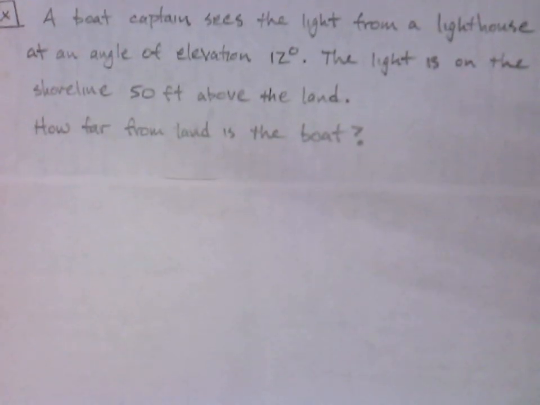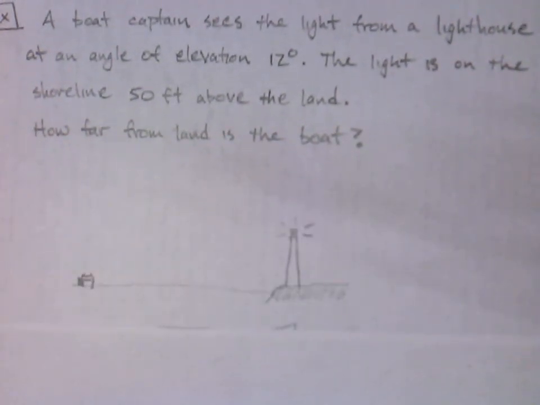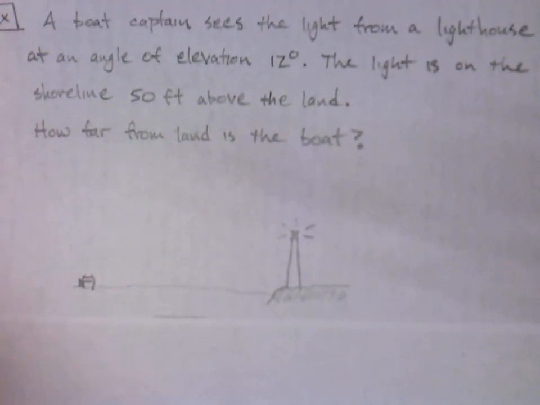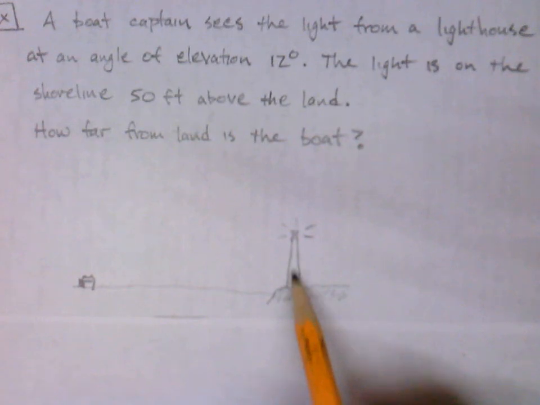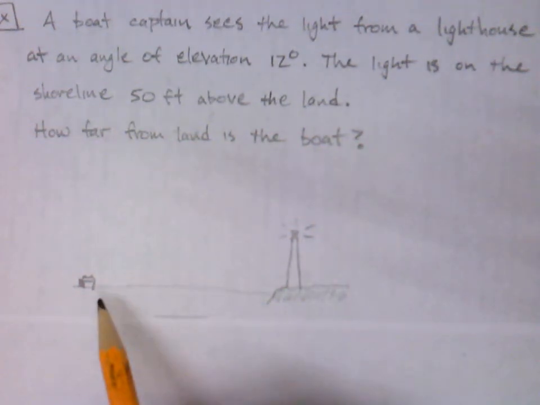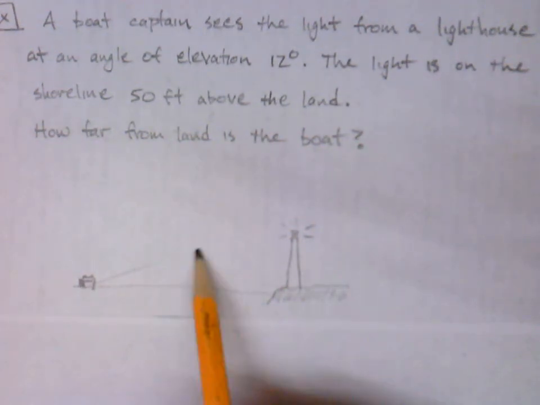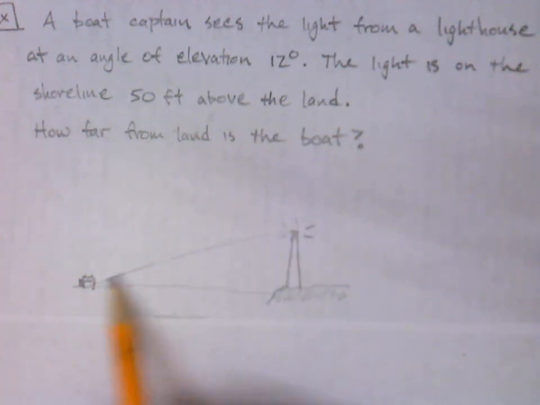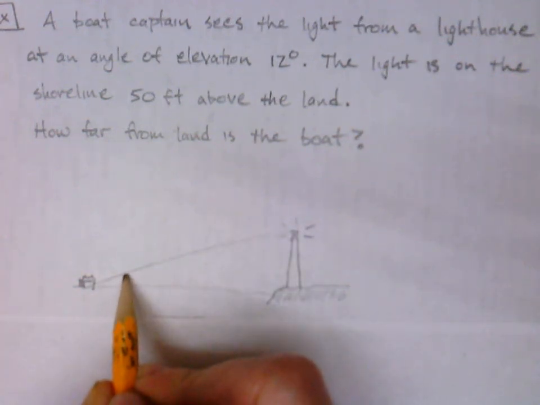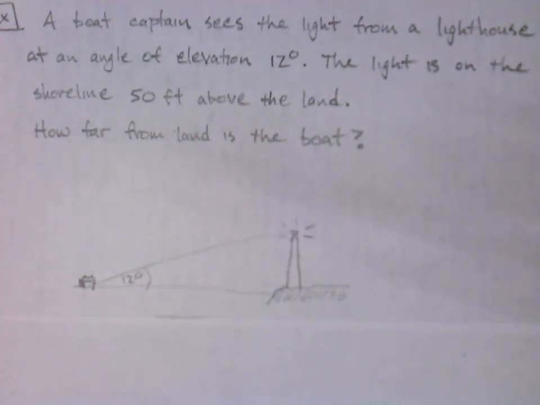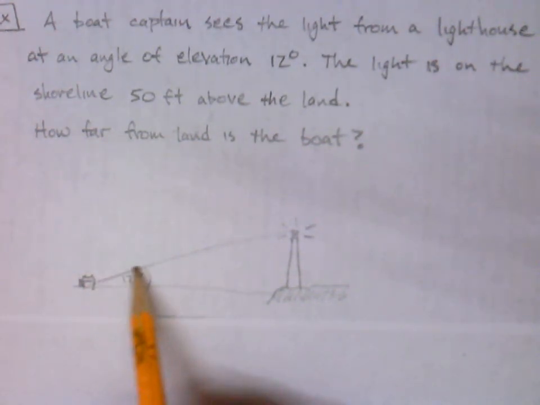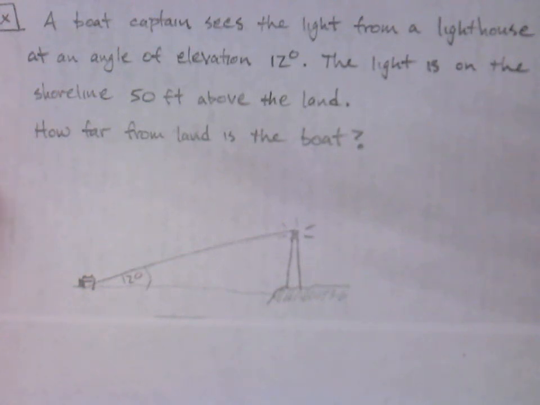If you make a sketch, here's the boat out at sea, and there's the sea, here's the land, and the light is up there. So he's looking up at that light. That angle here is 12 degrees. Sorry, that's a little dim or maybe a little fuzzy.